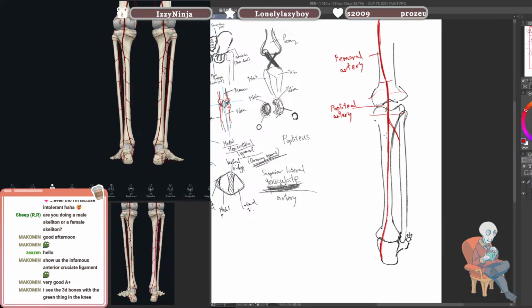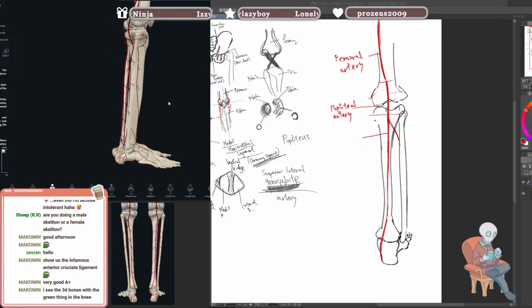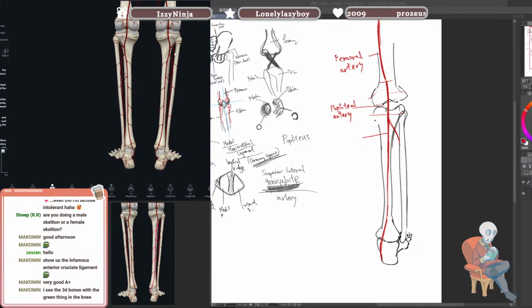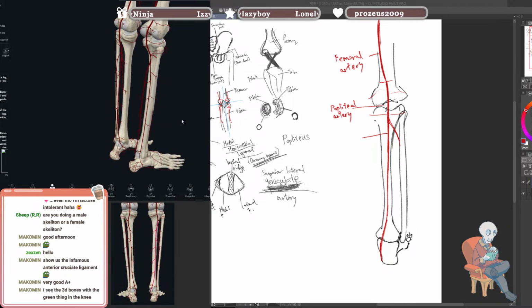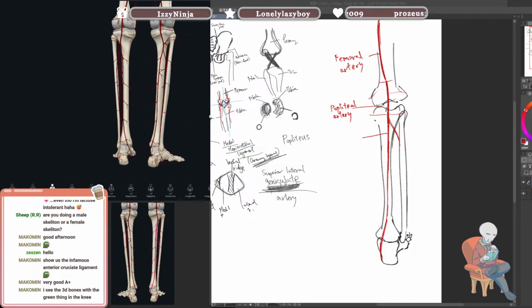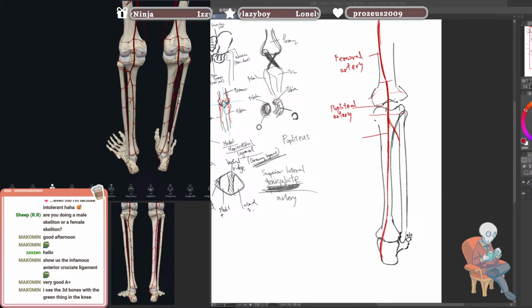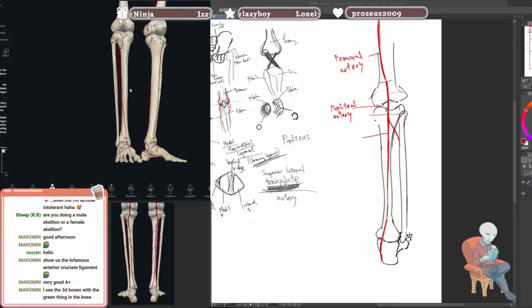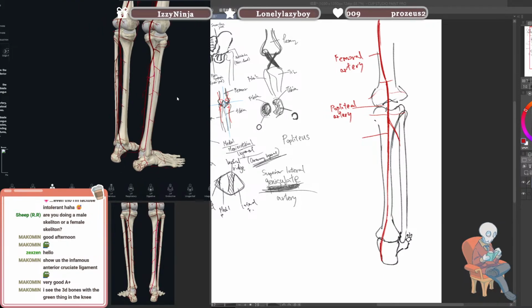So one would be the posterior tibial artery, and the anterior tibial artery. Okay, so there is no fibular artery. Ah, there is one. Let's see. Okay, I get it.